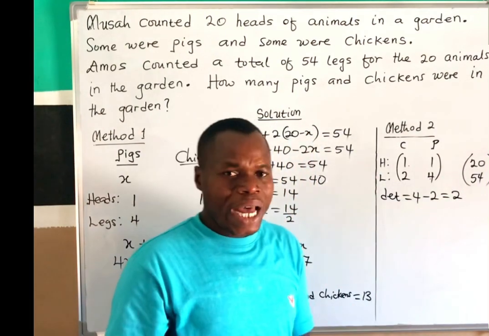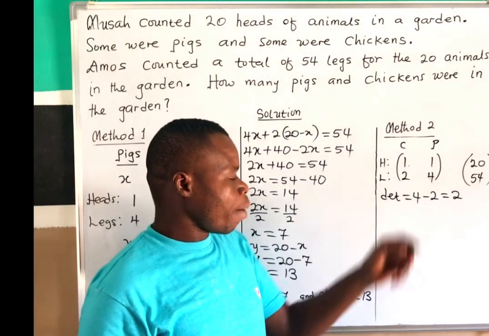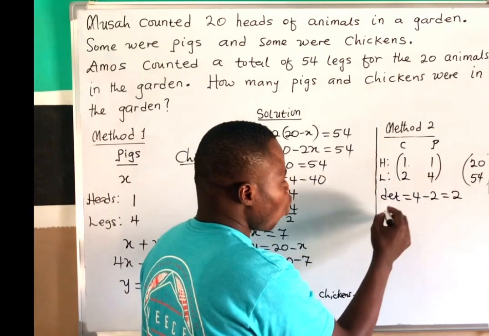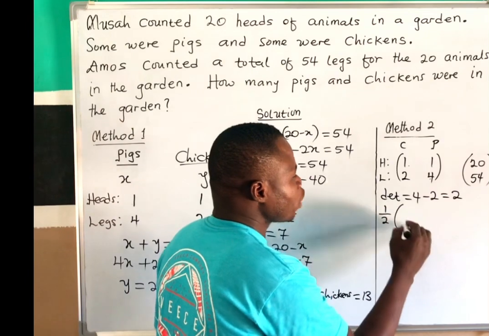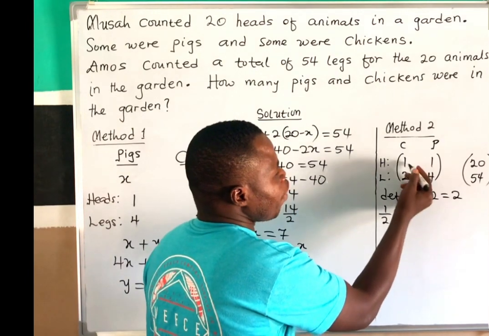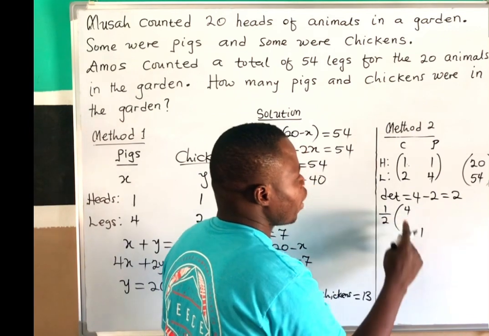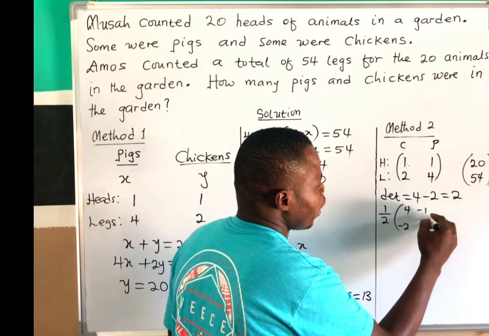Now, since we know the determinant, we use it to find the inverse of this matrix. To find the inverse, you take the reciprocal of the determinant, or 1 over the determinant, which is 1 over 2. Then multiply by the matrix with its values changed: 4 will come here, 1 will come here, then these other values will be negated. Here will now be minus 2, here will be minus 1.